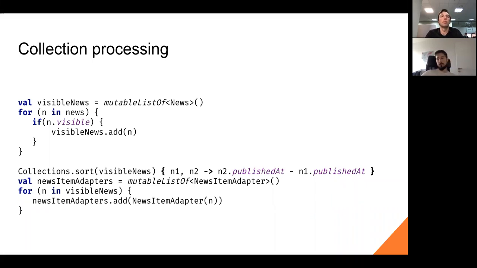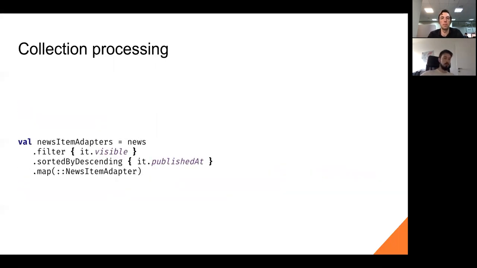In Java before version 8, there was no good way to process collections, so we needed to iterate and iterate and use basic functions. But Kotlin introduced collection processing, a set of extension functions on iterable or on sequence that let us do the same thing in a much easier and more idiomatic way.